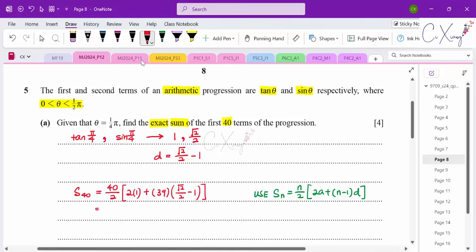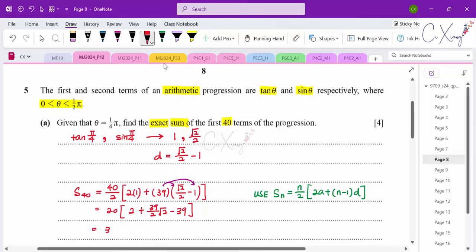Okay, so I simplify the numbers first. For the 39 here, you multiply into the bracket, so you'll have 39 square root 2 minus 39. Then further expand and simplify it.